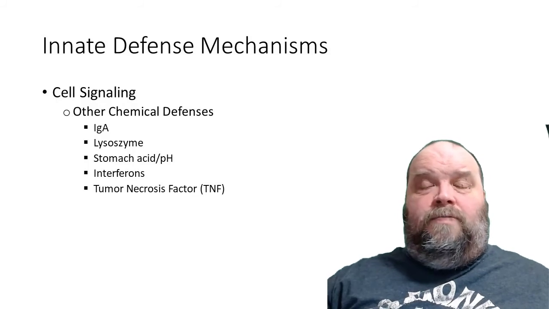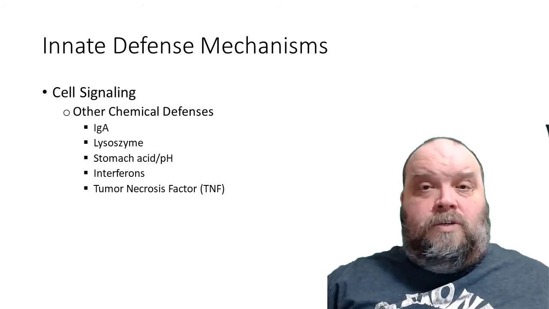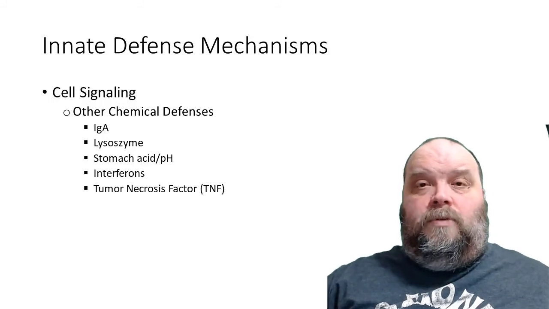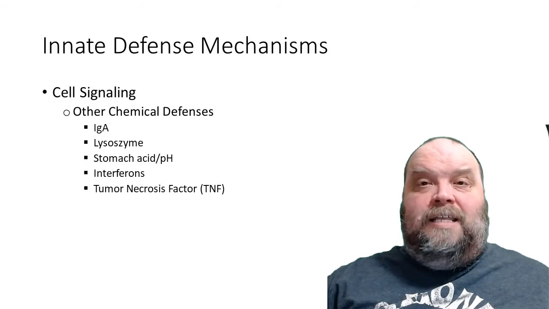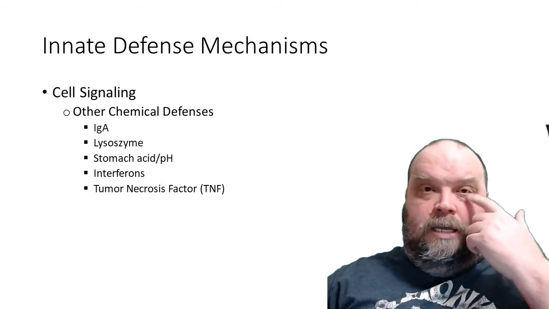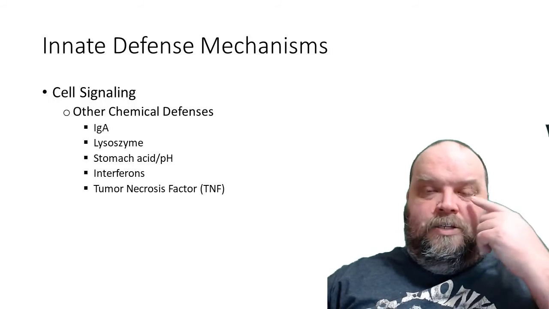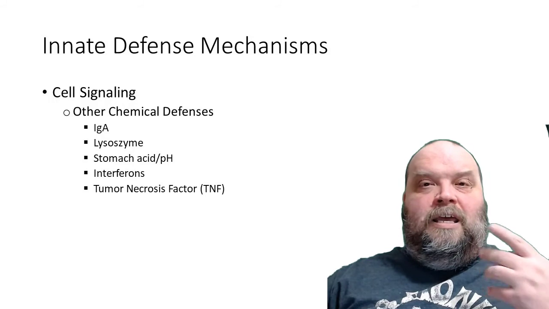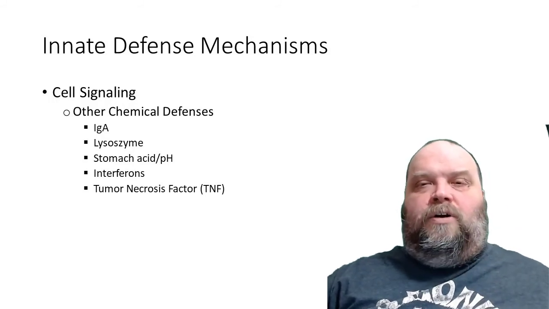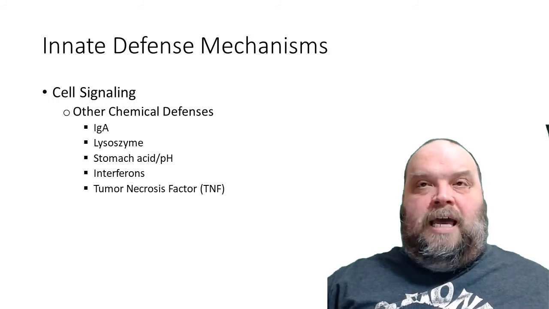And then other defenses: IgA, a type of immunoglobulin, also known as an antibody. There's lysozyme, which is an enzyme that lyses bacteria. You're going to find that being secreted around your eye into the tears, in your mouth, in the genitourinary tract, different places like that.